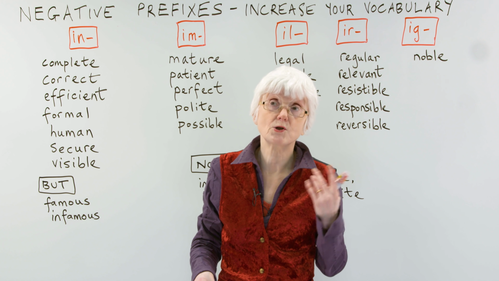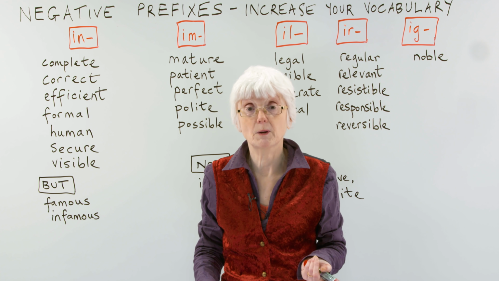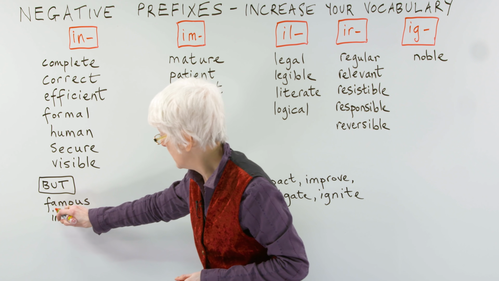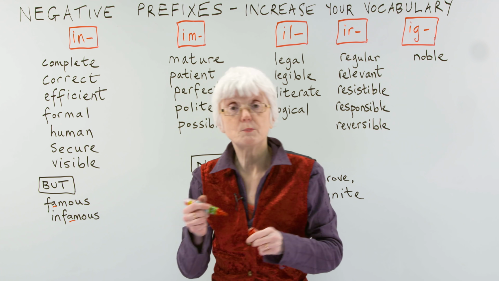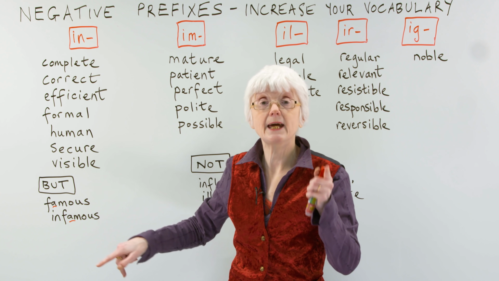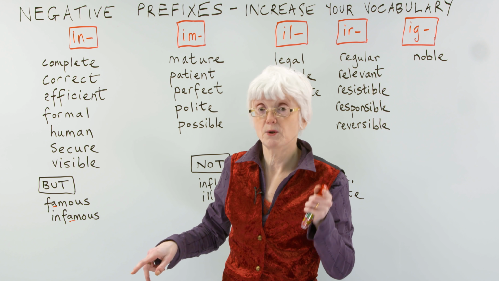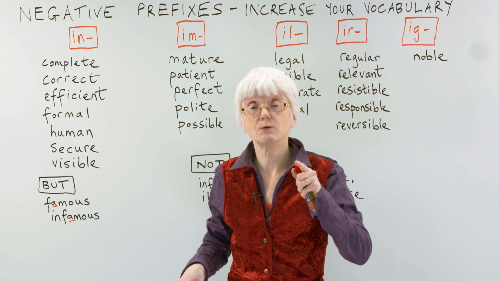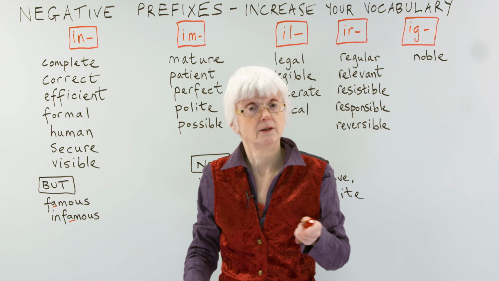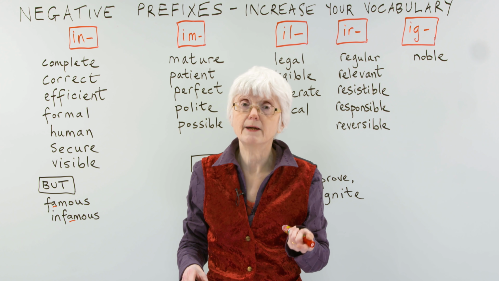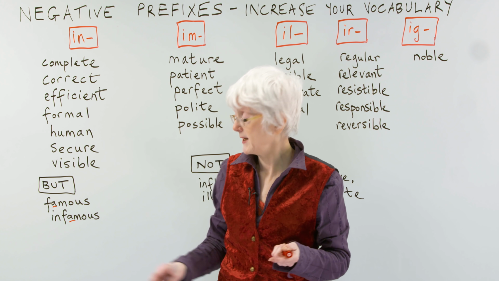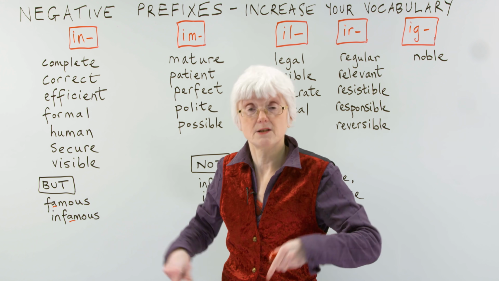If something or somebody is infamous, and the pronunciation changes a little bit, the pronunciation of the A, famous, but infamous. So the A vowel sound changes. If somebody is infamous, or if some event, something that happened, was infamous, it does still mean famous.